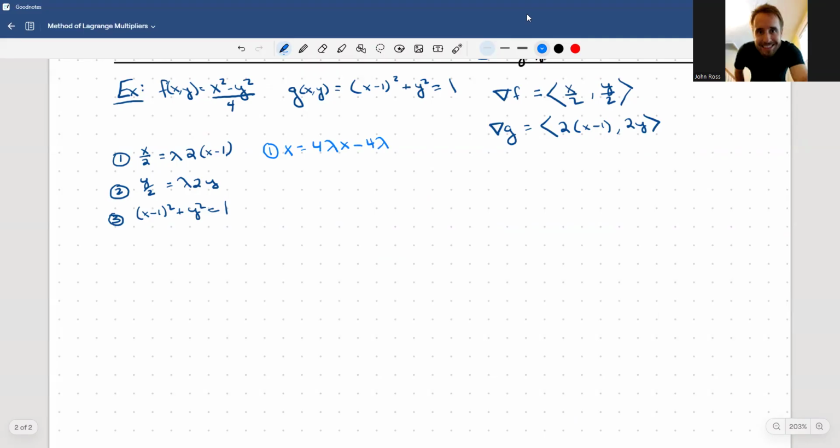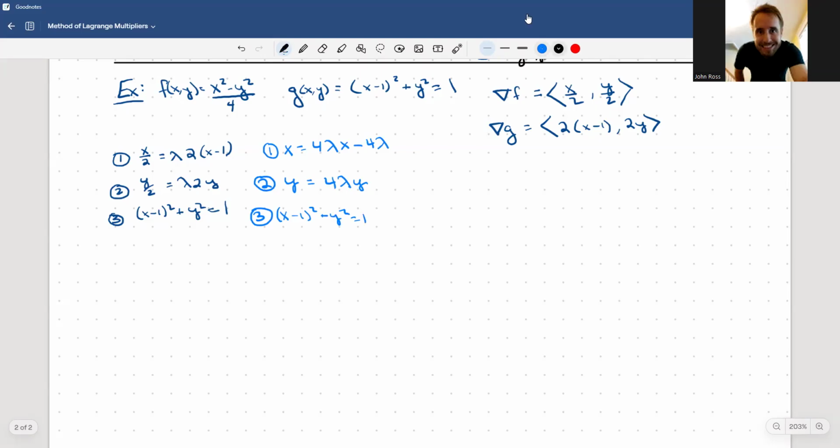That's multiplying the 2 up to get a 4 lambda and then distributing that across the x minus 1. My second equation, I'm going to get y equals 4 lambda y. And my third equation, I'm just going to leave as is for now: (x minus 1) squared plus y squared equals 1.